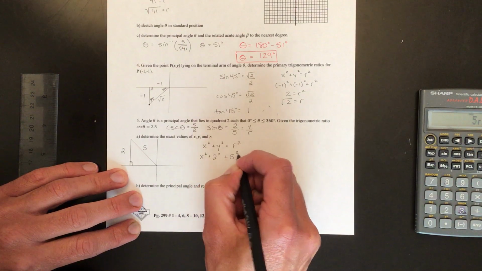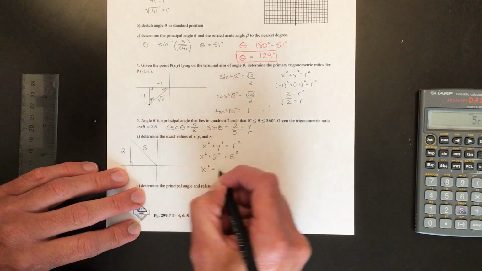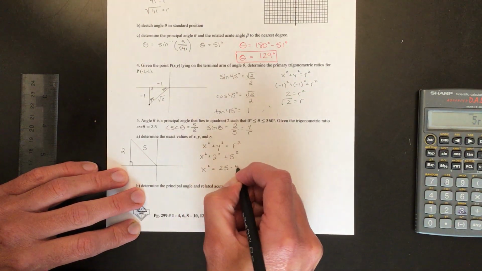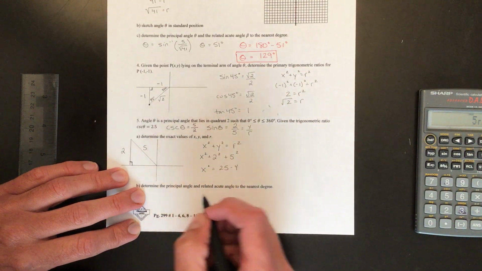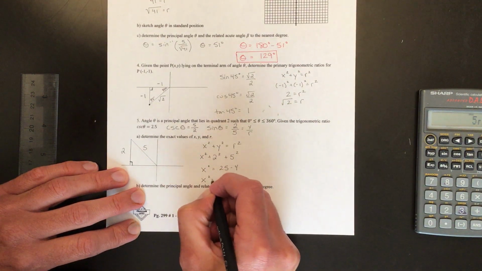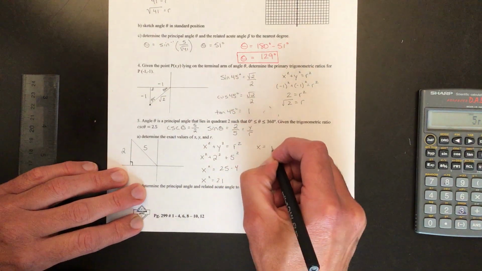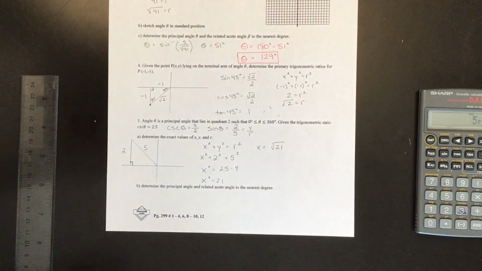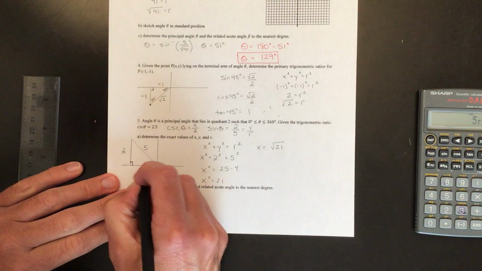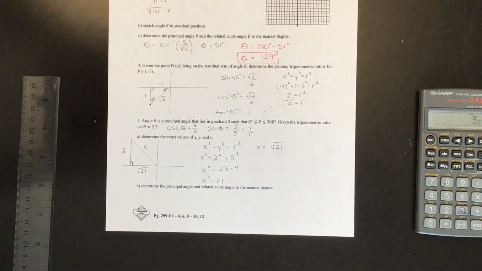Put in my values for y and r. Well, it's 25 minus 4. X squared equals 21, which means that x is equal to root 21. So x is root 21.